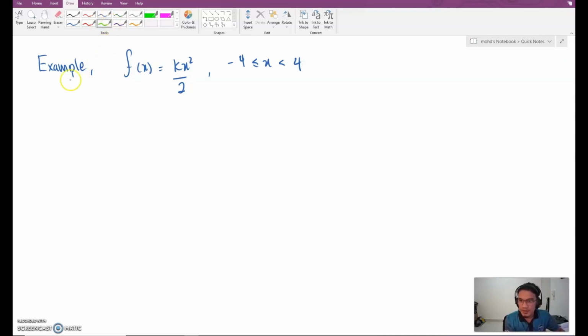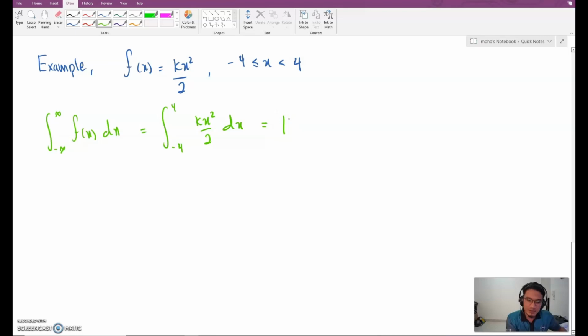So the integral of f(x) dx over the whole range equals the integral from -4 to 4 of kx squared over 2 dx, and it equals 1, because the total area under a probability density function is 1.